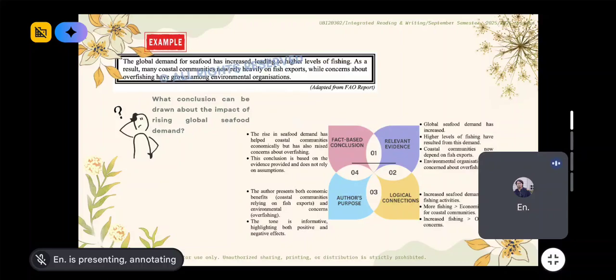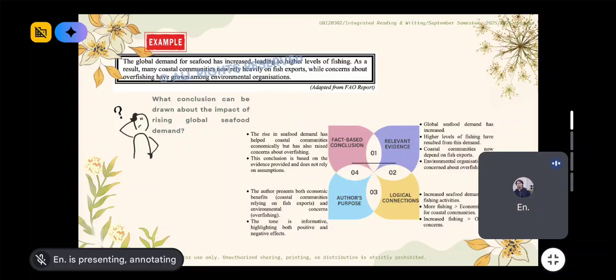This conclusion is based on the evidence provided and does not rely on assumptions. Global seafood demand has increased. That is one. Higher levels of fishing have resulted from this demand. Coastal communities now depend on fish exports. Environmental organizations are concerned about overfishing.